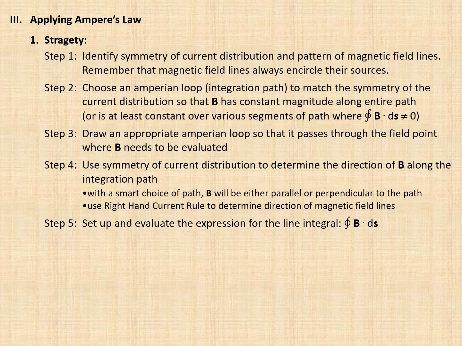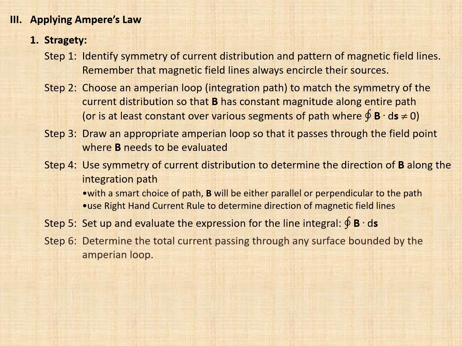Next, we set up and evaluate the expression for the line integral. After doing so, remember the right-hand side of Ampere's law requires that we calculate the total or net current that passes through any surface bounded by the Amperian loop.